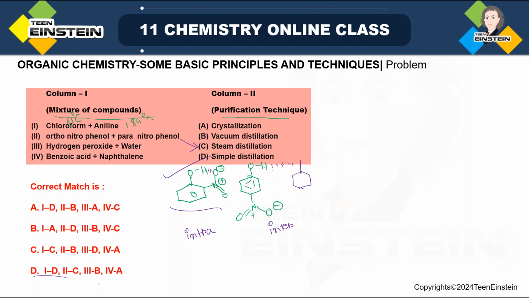Next is hydrogen peroxide and water, and then we have benzoic acid and naphthalene. Hydrogen peroxide and water are both liquid. Benzoic acid and naphthalene are both solid. When both are solid, there may be sublimation or crystallization, but in the options we don't have sublimation, we only have crystallization here.